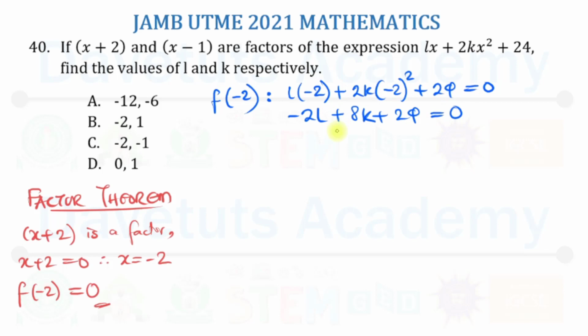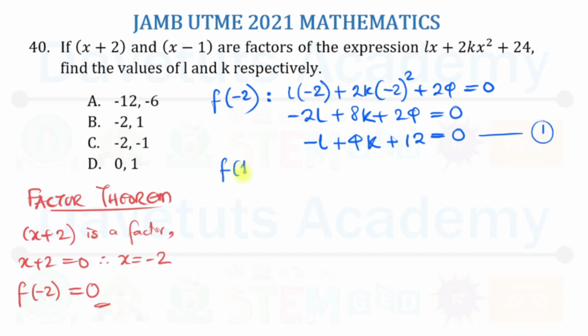And then we can rearrange, just divide each of those terms by 2. So you have minus L plus 4k plus 12 is equal to 0. I can call this my equation 1.